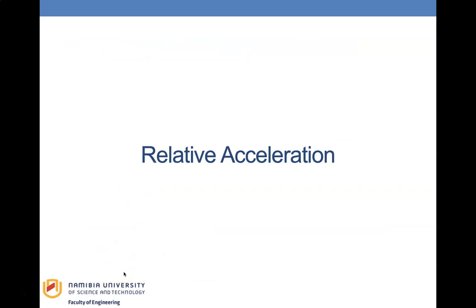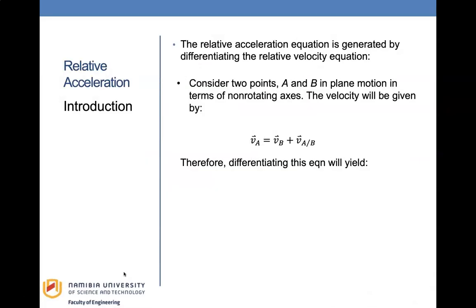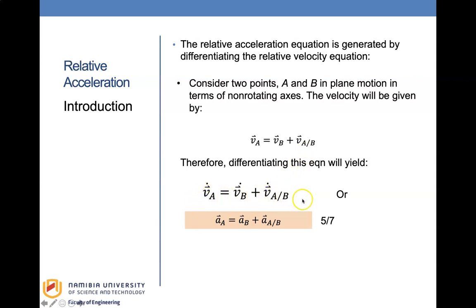In this second part of the lecture, we will consider the relative acceleration due to rotation. The relative acceleration equation is generated by differentiating the relative velocity equation. If we consider 2 points A and B in plane motion in terms of non-rotating axes, the velocity equation in vector form is given by the velocity of A equals the velocity of B plus the velocity of A with respect to B. If we differentiate this equation with respect to time, we get the relative acceleration equation.